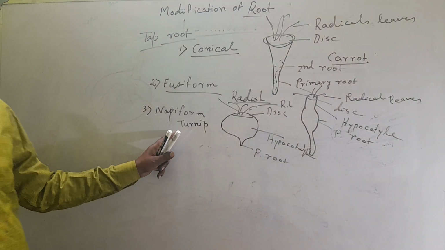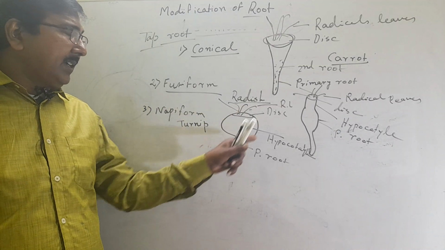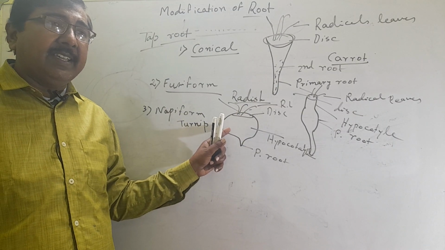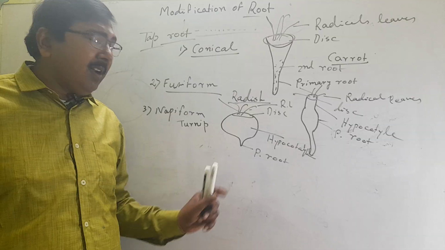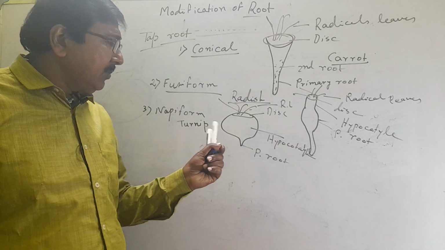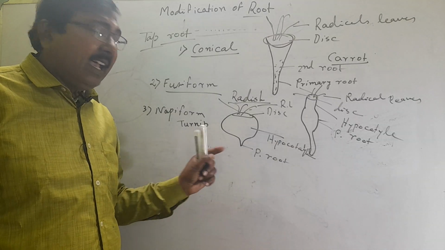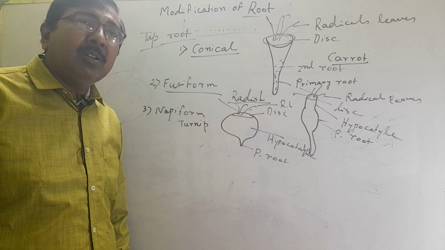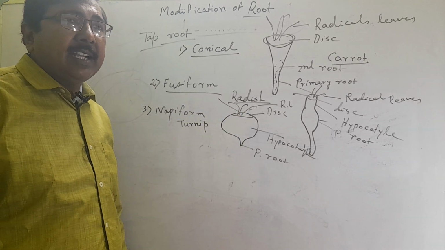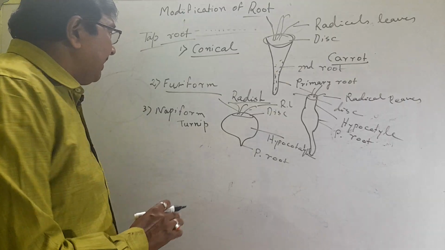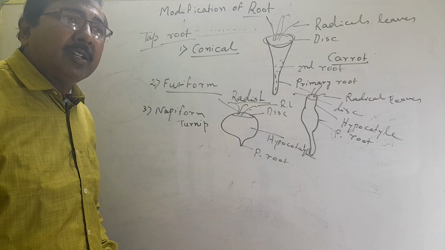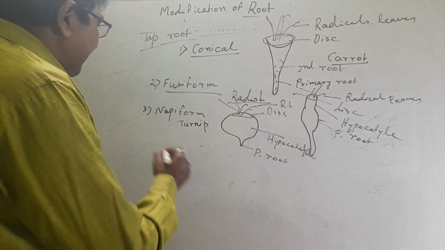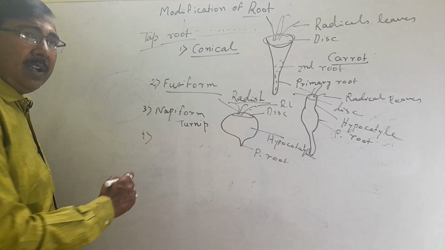In napiform, most of the part is round and spherical, and the lower part, just a very small part, is the primary root, and this swollen part is the hypocotyl. That's about the napiform root. Example is turnip. Next, number four, tuberous.